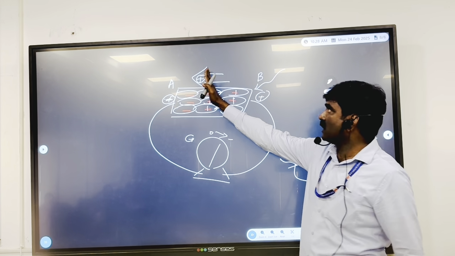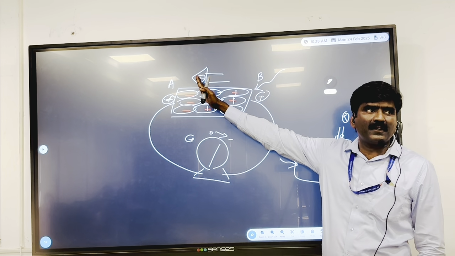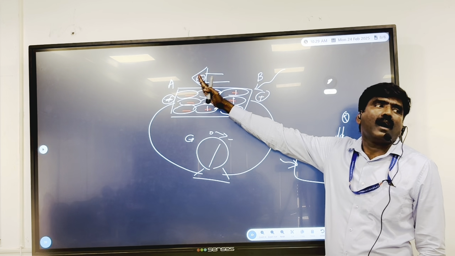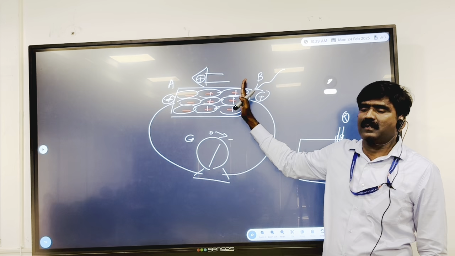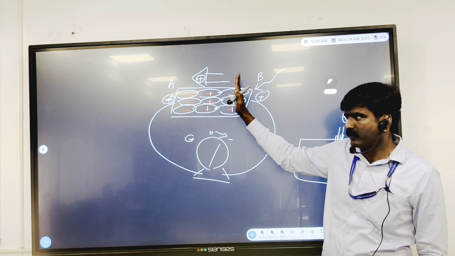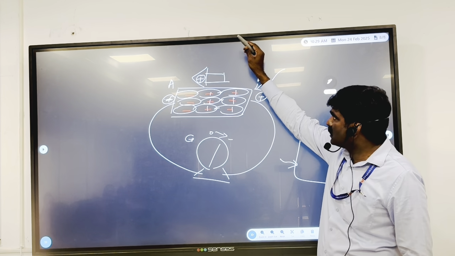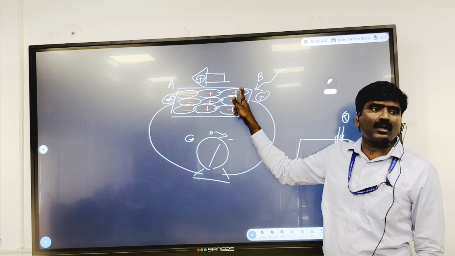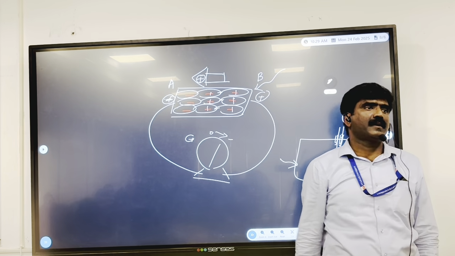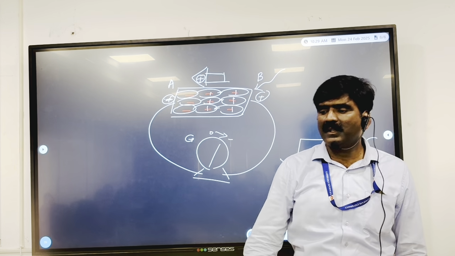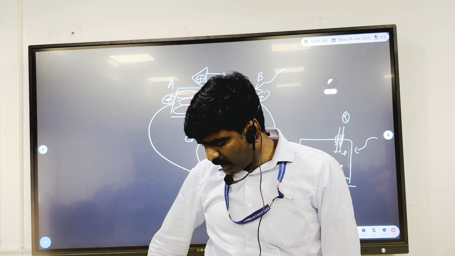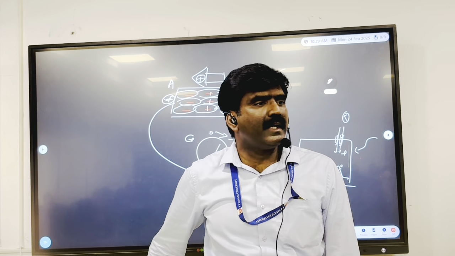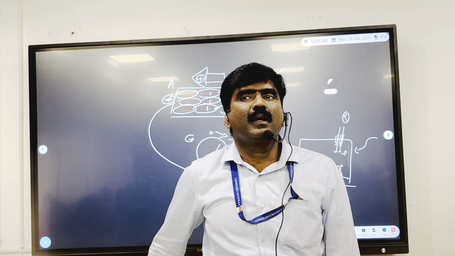When the positive vector is moving away from the positive electrode, deflection will be negative. Any doubt?